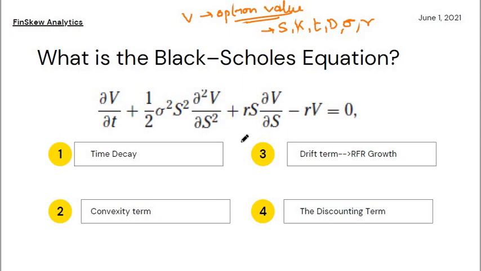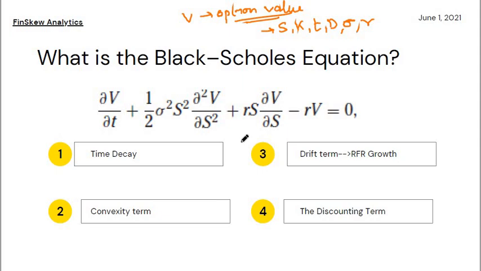If you try to relate that with this partial differential equation, then you can make some sense out of it. Nonetheless, if you're not able to relate it, I will still try to make it simpler for you.